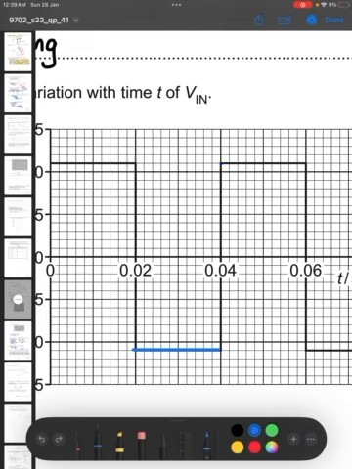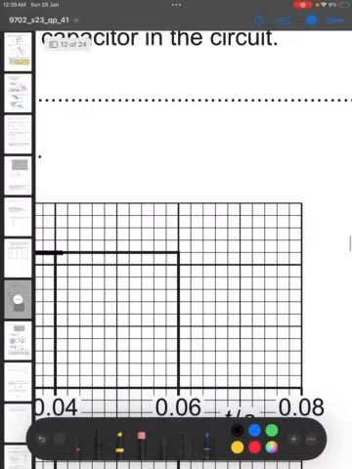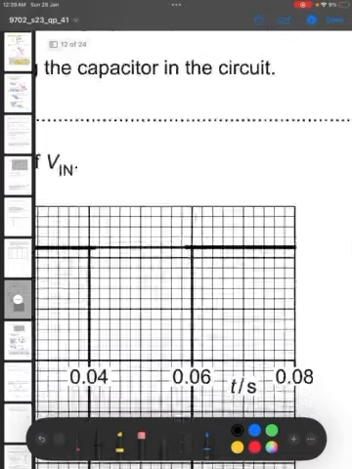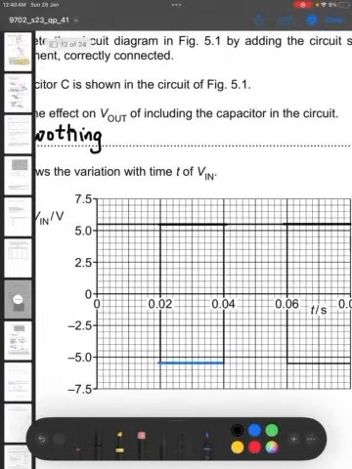Let me use a black color so that I show the effect. So this part will go like that, and this part will go in this direction. So what does it mean? It means that we have a constant voltage throughout. In fact, let me use a red color to show that we have a constant voltage throughout.